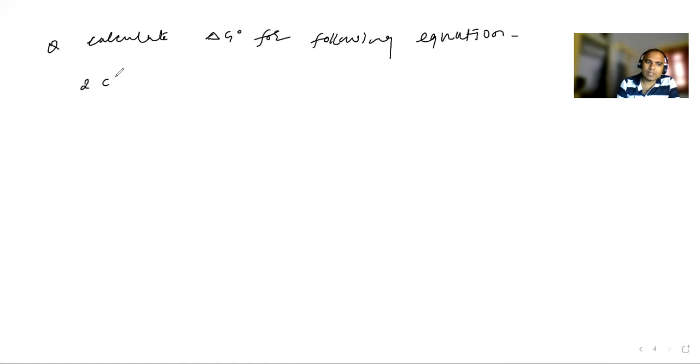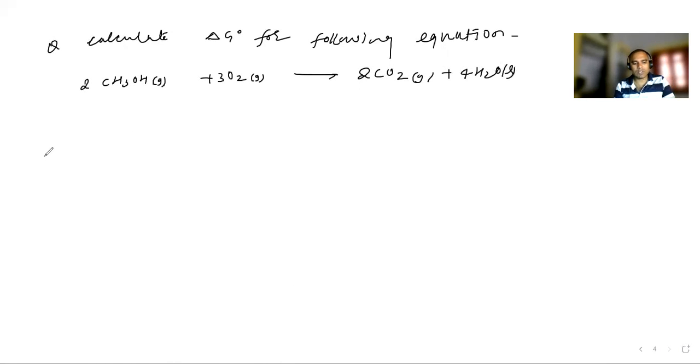They are talking about 2CH3OH gas plus 3O2 gas giving 2CO2 gas plus 4H2O liquid, and some information they have given. What information have they given? Here is the substance they have given, and its delta G naught.